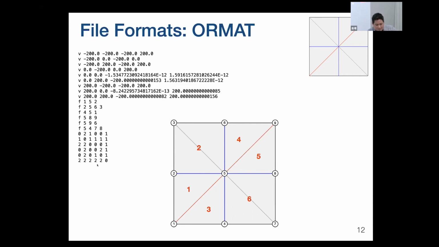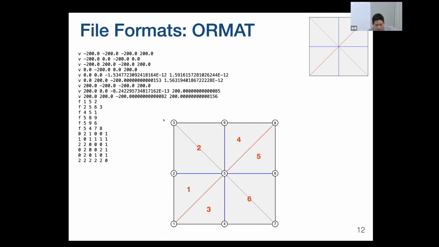And then this matrix down here provides a layer ordering between every pair of faces. 0 represents that they are not overlapping, whereas 1 or 2 means whether the row face or the column face is on top, okay?